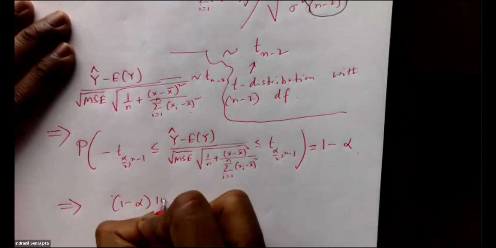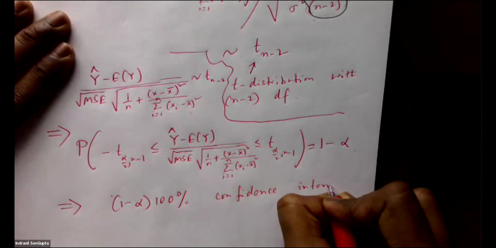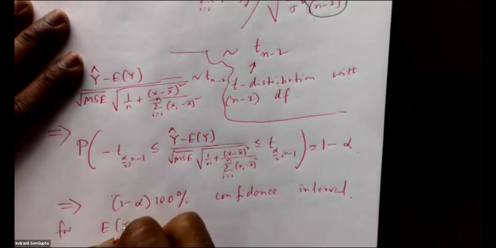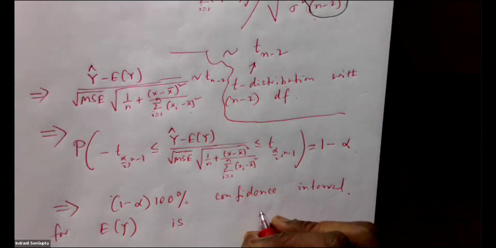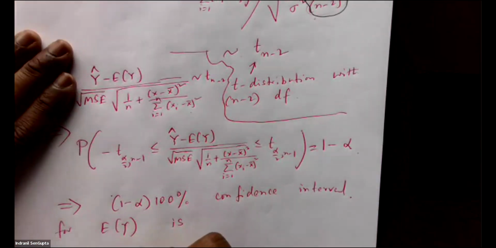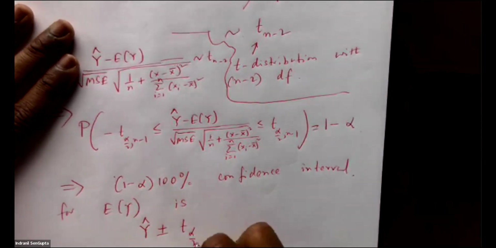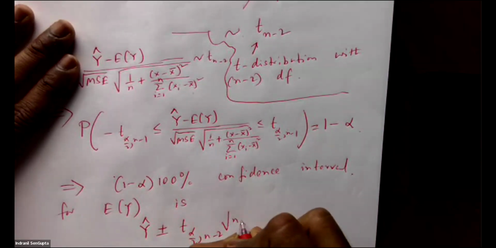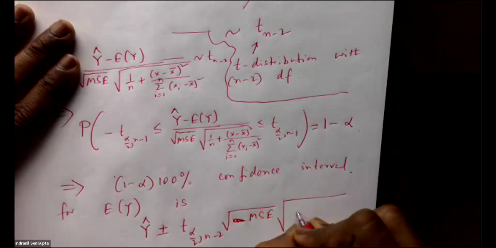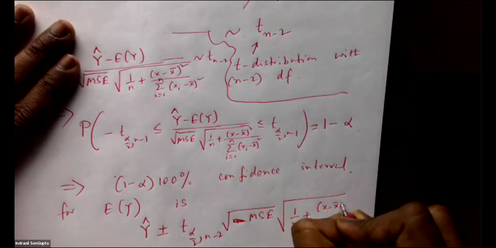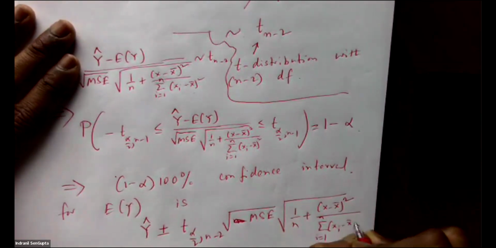So after simplification, the 1 minus alpha 100% confidence interval for E of y is y hat plus or minus t of alpha over 2, n minus 2, times the square root of MSE times the square root of 1 over n plus (x minus x bar) squared over the summation i from 1 to n of (xi minus x bar) squared.